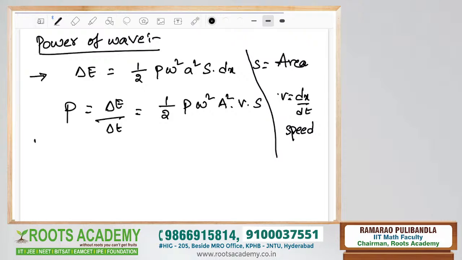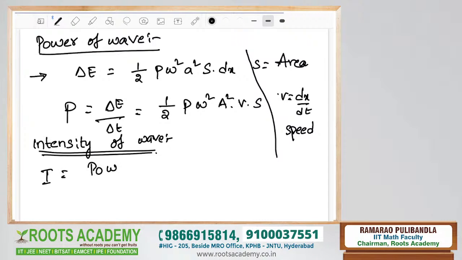So now we will be looking at the intensity of the wave. Intensity of the wave is defined as I is equal to power divided by area. So that is nothing but 1 by 2 rho into V into omega square into a square.